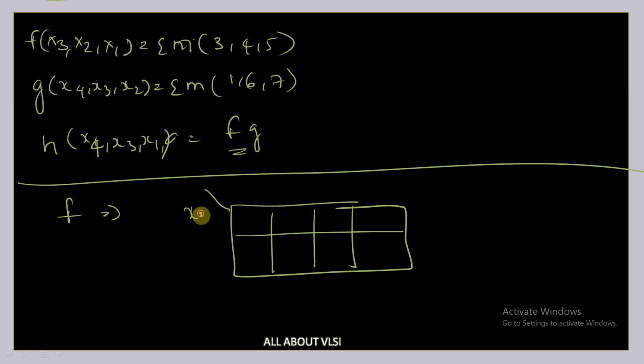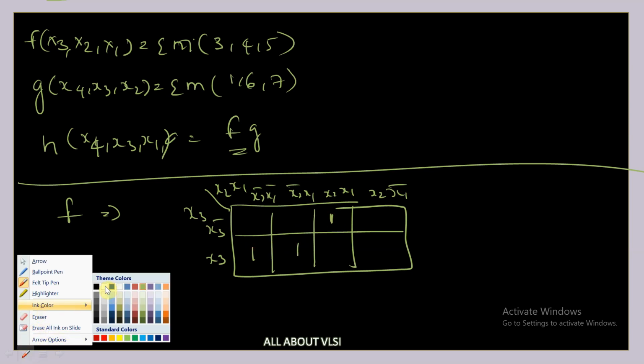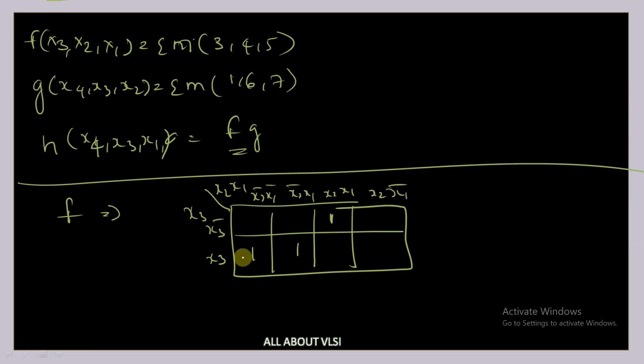So this is x3, x2, x1, with columns x2 bar x1 bar, x2 bar x1, x2 x1, and min terms 3, 4, 5. I'm going to group these two, and this is a single group.